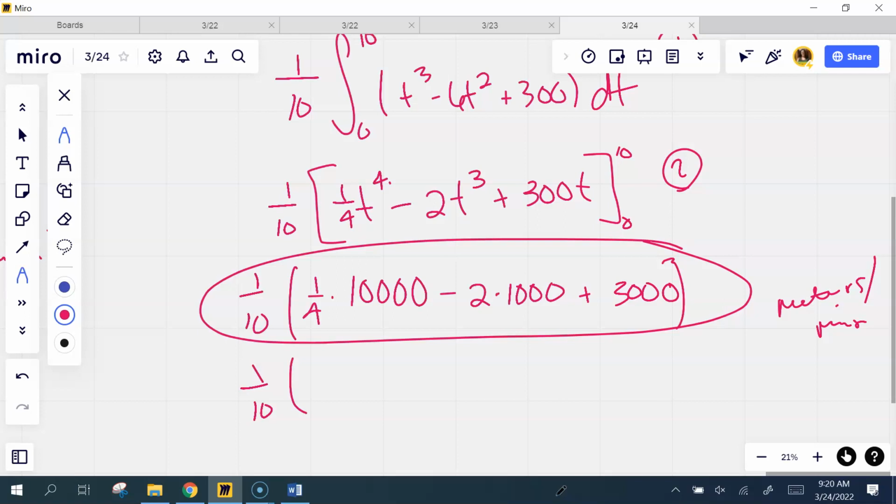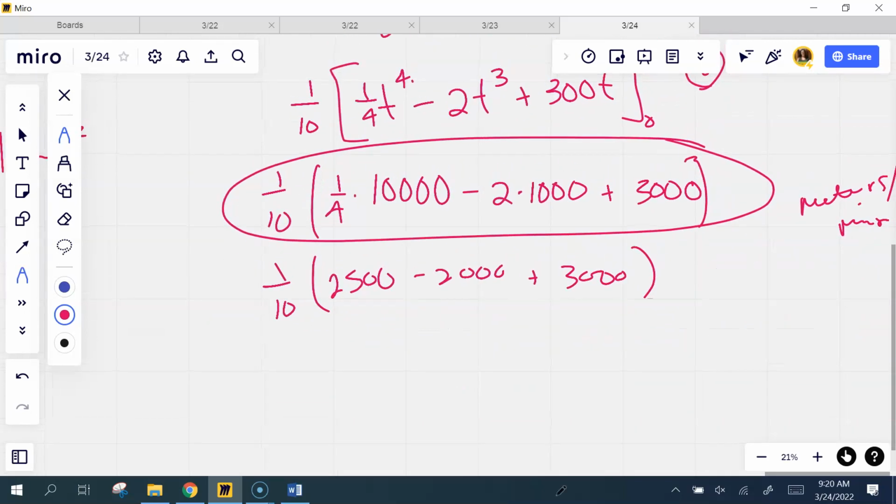This would give me 2,500 minus 2,000 plus 3,000. 2,500 minus 2,000 is 500, so I got 3,500 over 10, which would be 350 meters per minute. So 1 for the integral, 1 for the antiderivative, and 1 for the answer, for a total of 3.